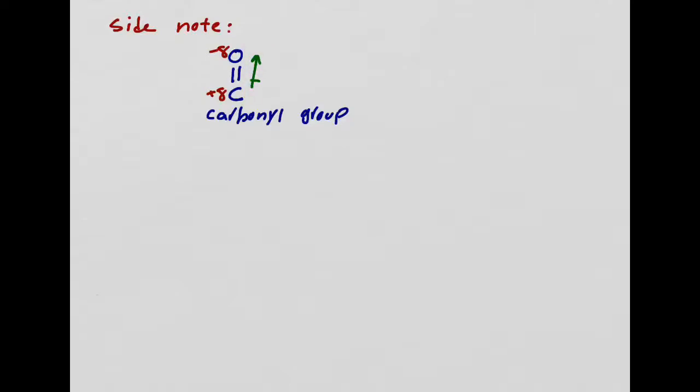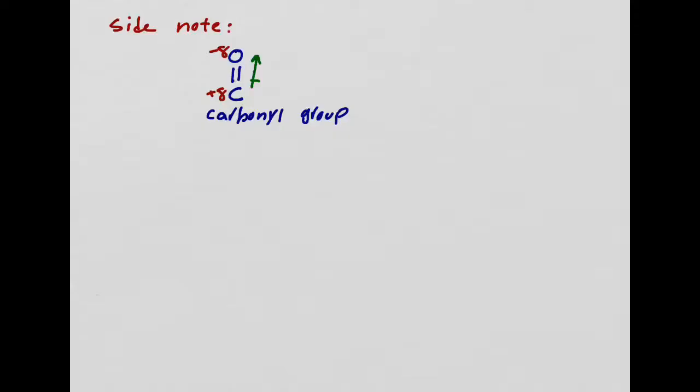So what can you tell me about this carbon? This carbon over here is desperate for electrons because the oxygen is getting the electrons. This one doesn't have enough electrons. It's desperate for electrons, which in chemistry terms means it's very reactive, and it does a lot of cool chemistry.